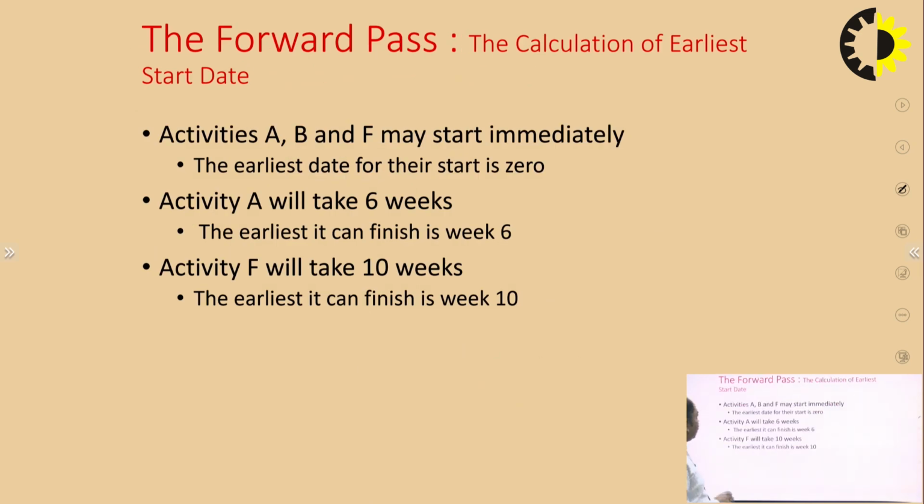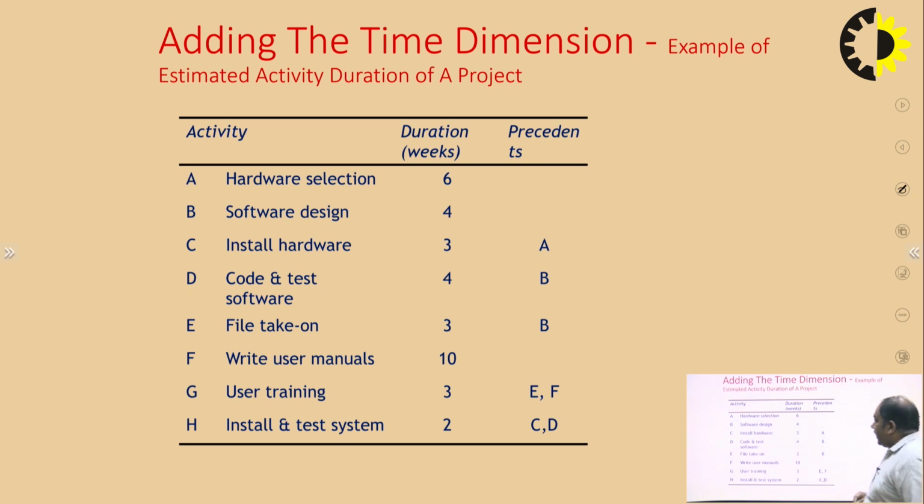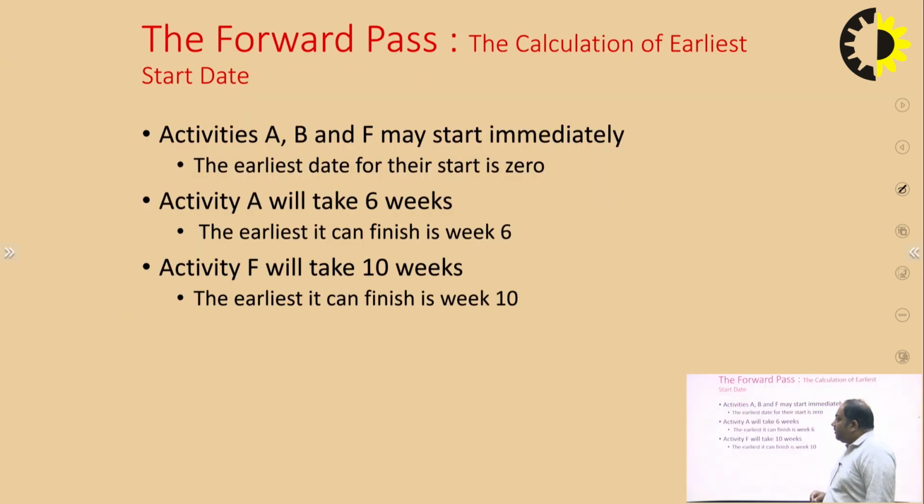After this, when we start the forward pass, activities A, B and F may start immediately and their earliest start date is 0, because A, B and F are not dependent on any other activity. So these are standalone activities, and they can start immediately.